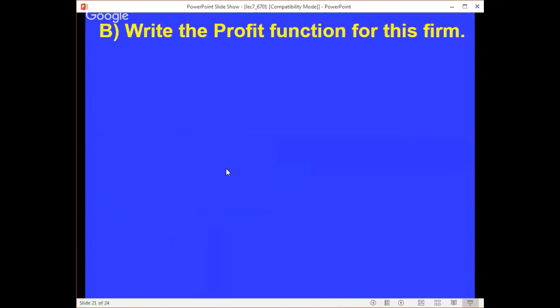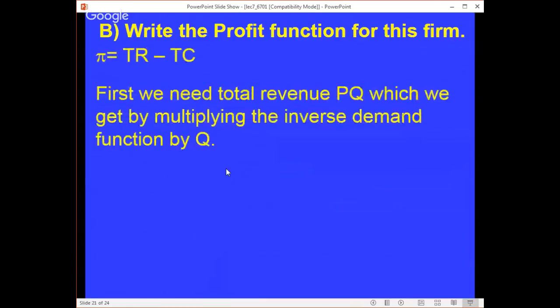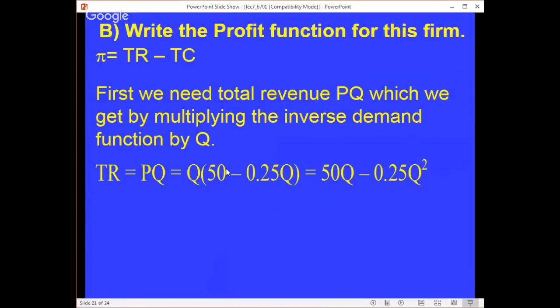Pretty sure it's Q squared. So I want total revenue minus total cost when I give you the cost function. Okay. So total revenue is P times Q, and we know total cost. Right?